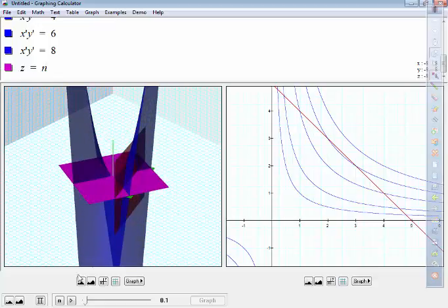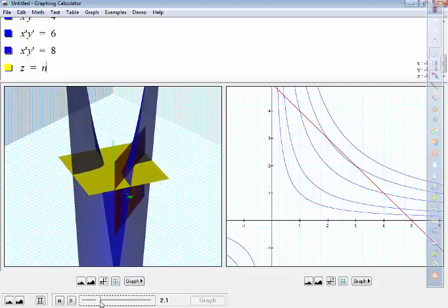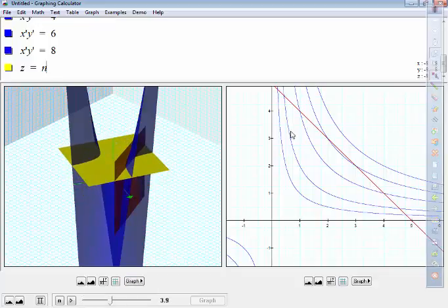So this purple plane is a cutting plane, where the intersection of that plane and the wavy surface, let's make this plane yellow, the intersection of that plane and the blue surface is going to be these curves. So if we keep moving up, we'll see that it'll change according to that, right?